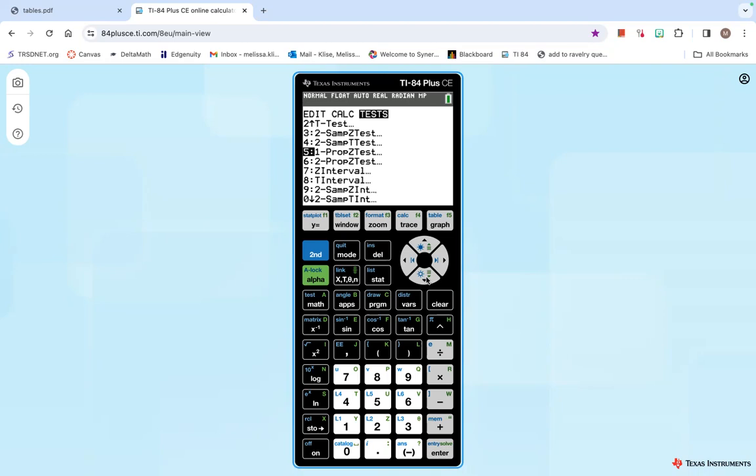So you go to one prop Z test and hit enter, and it's going to ask you your P naught, which is 0.46. Then it asks how many successes you have. 525. And then I have a sample size of 1010. This one gets tricky at times, and I frequently choose the wrong one. I think it's that one.